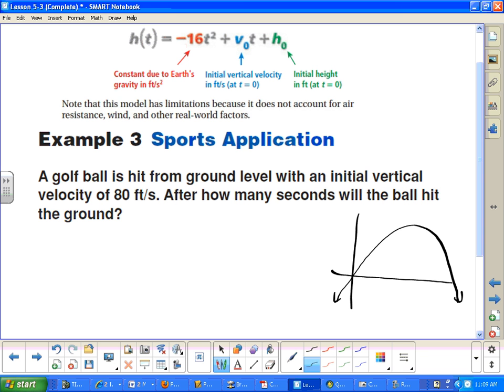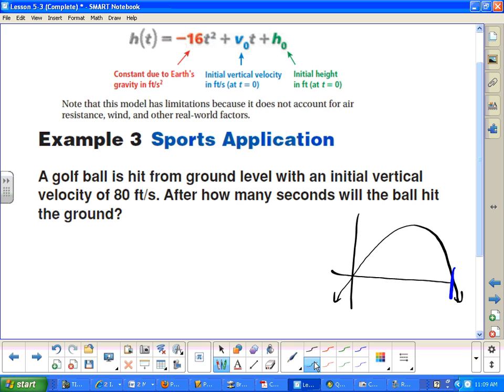The path of the ball always starts at an initial height, and in this case, because he hit it from ground level, at time 0 it's at 0. So we need to find when it hits the ground again, because eventually it's going to come back down. So what we're going to do is put the information they give us into this formula, and then find the zeros.